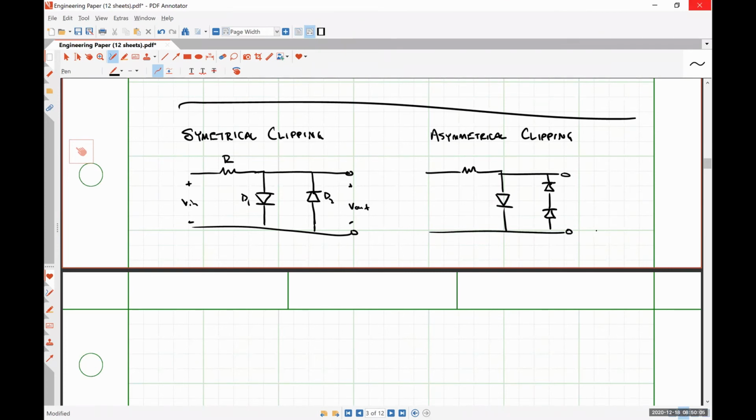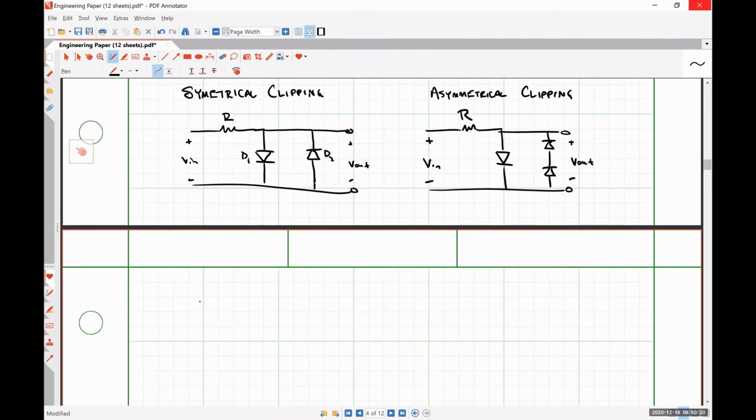Symmetrical clipping clips the same amount on either side, whereas asymmetrical clipping is more like the example that we did a moment ago.